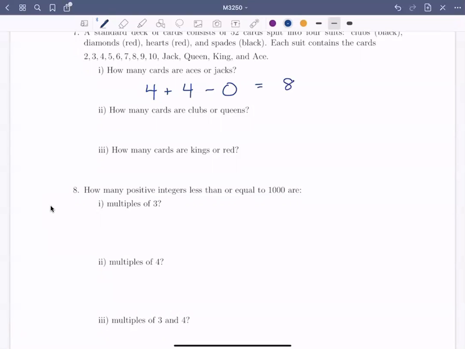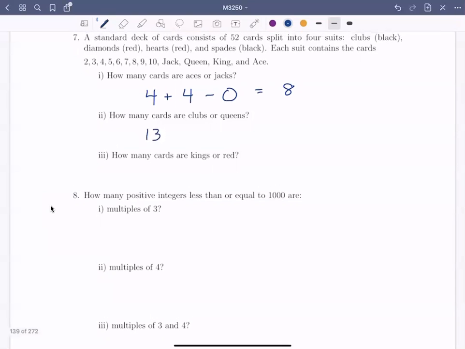How many cards are clubs or queens? We can do a similar count. How many cards are clubs? There are 52 cards total, and each suit has 13 denominations, so there are 13 clubs.